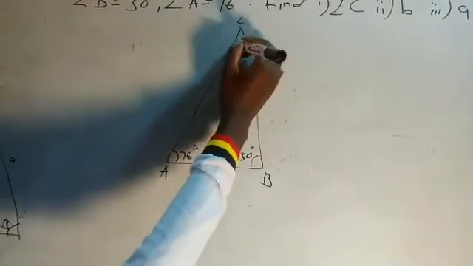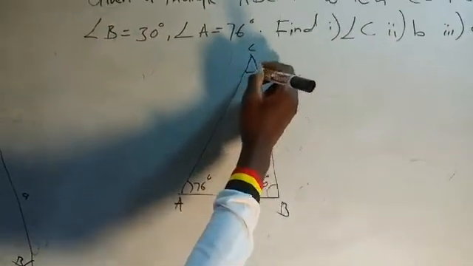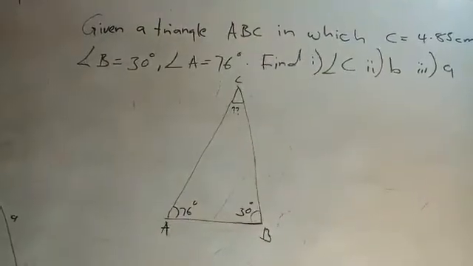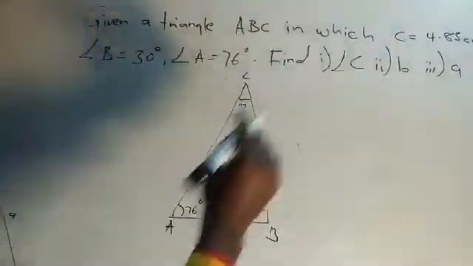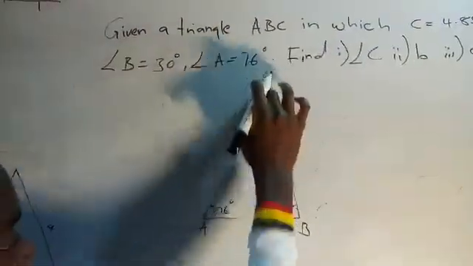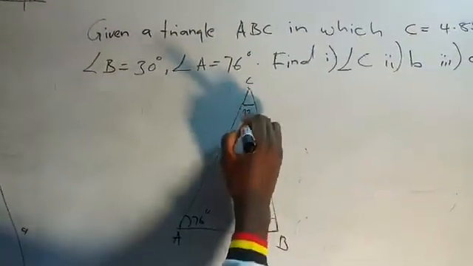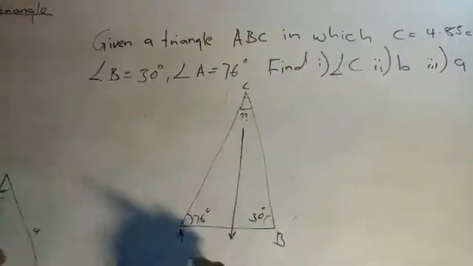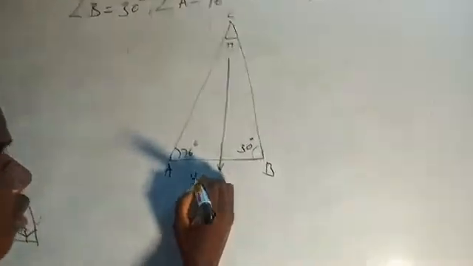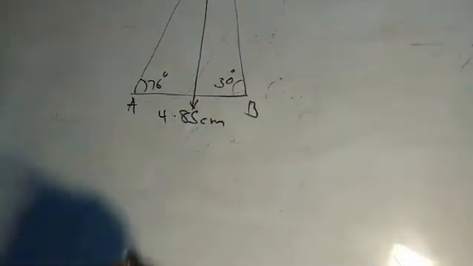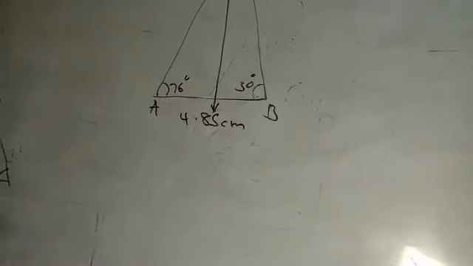So angle C is unknown, but they have given us side c, which is down here, side c, which is 4.85 centimeters.